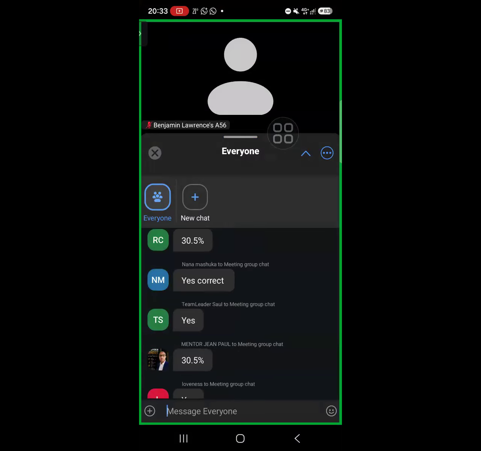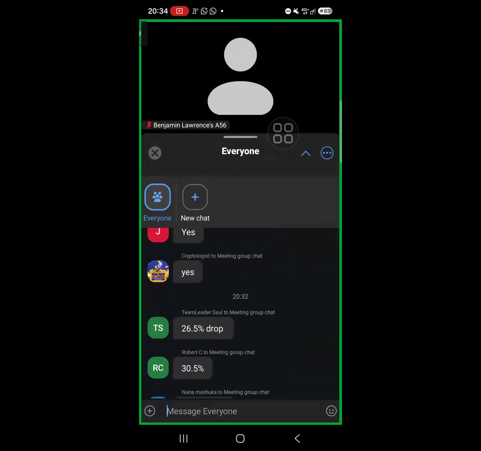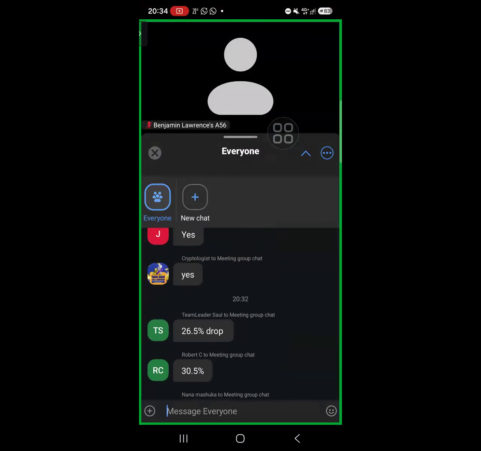Where are the mathematicians? Guys, where? Don't just give me yes. Some they are getting 26.5. I don't know where the 26.5 is coming from.